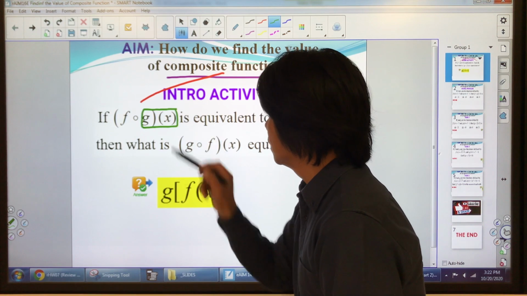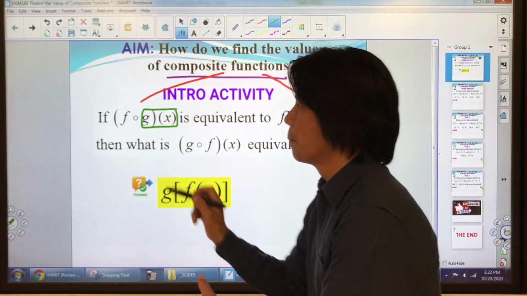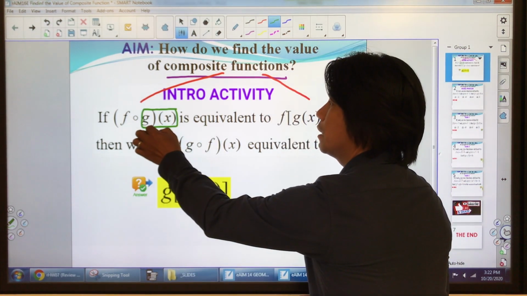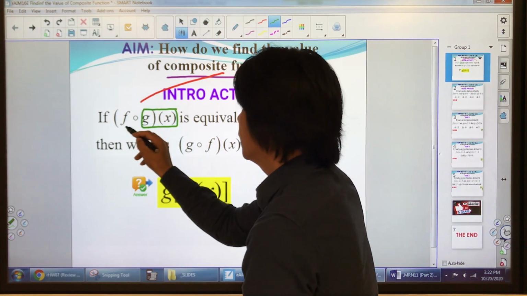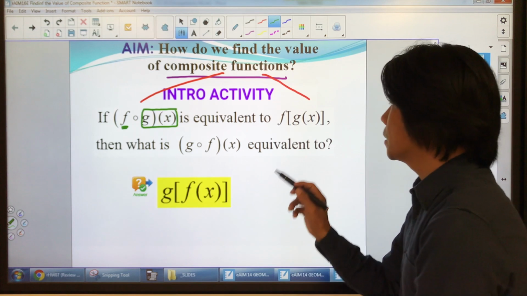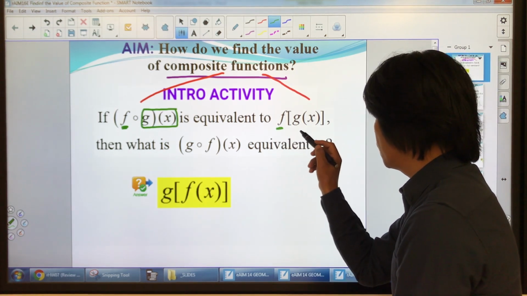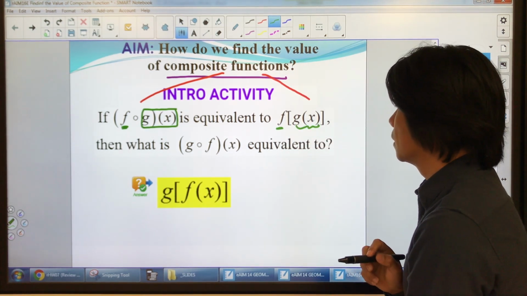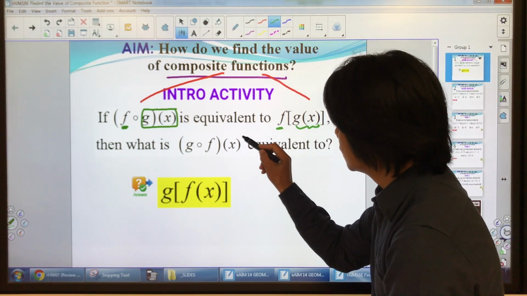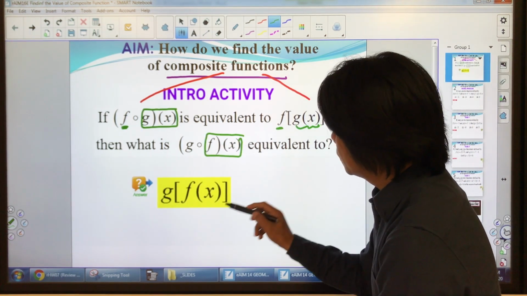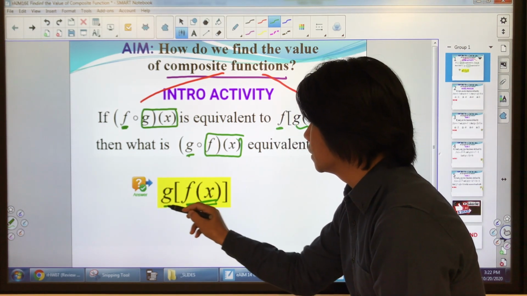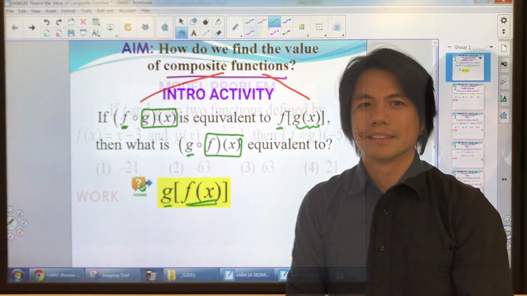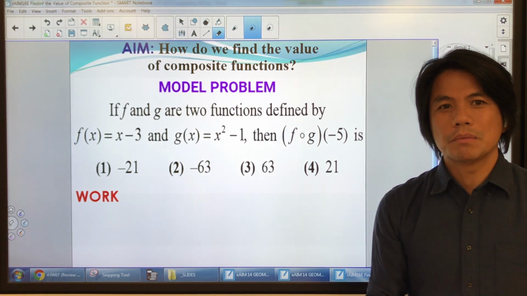Next to the x is g, and that will be your inner function, which means f is your outside function. In this case, f of x is your inner function and g is your outer function. Got it?